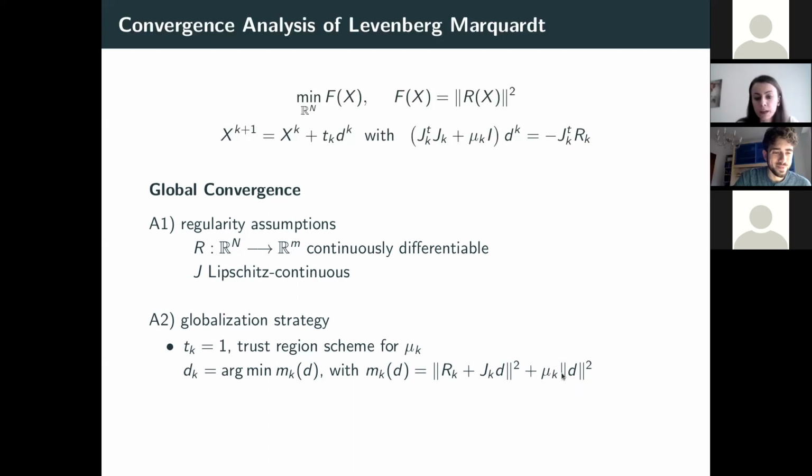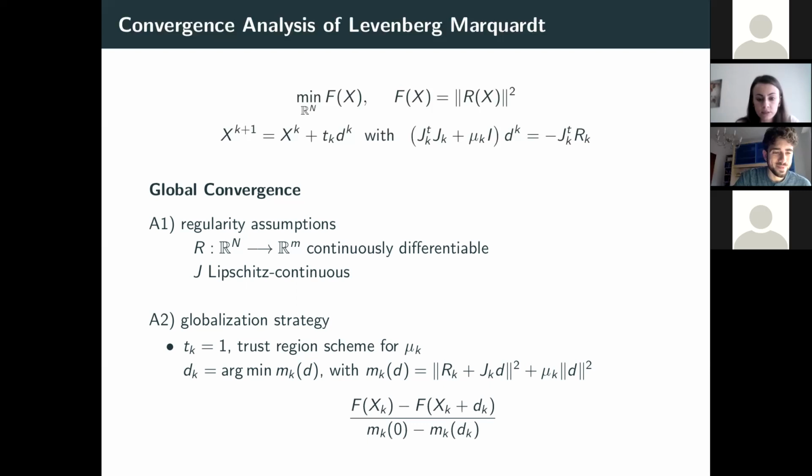So if this mu_k is large, then the norm of d is pushed to be smaller. If this mu_k is small, then the norm of d is allowed to be larger. So in some sense, mu_k behaves like the inverse of a trust region radius. And so we update it according to this idea.